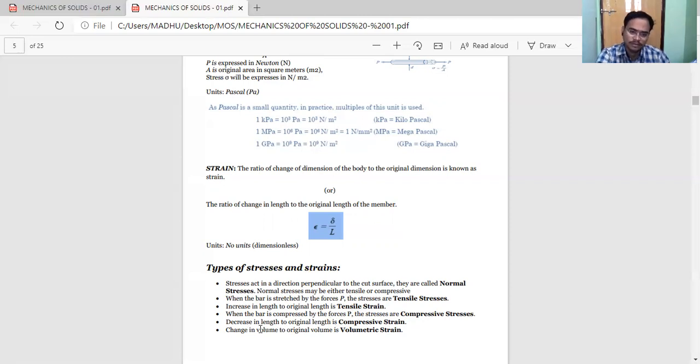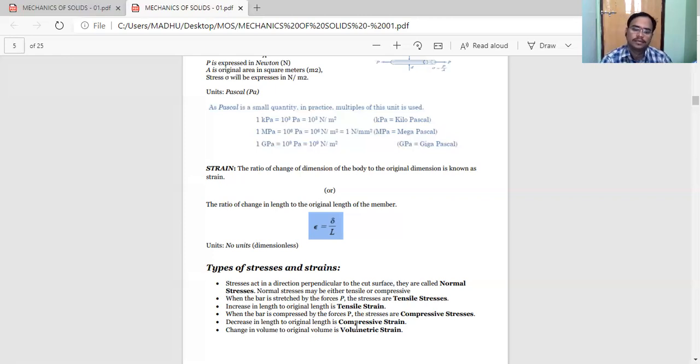Now, there is one more term, volumetric strain, a very important one. Because of the application of a load, definitely we will find changes in all the dimensions of the body. If it is a cuboid and the body is subjected to a uniaxial load, it leads to changes in dimensions in all directions: x-axis, y-axis, z-axis, length, breadth, and height.